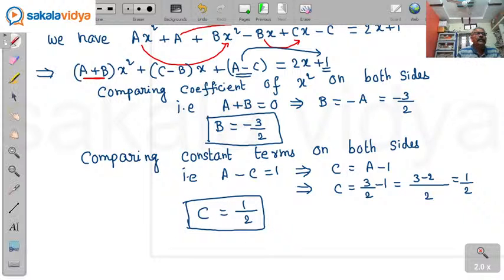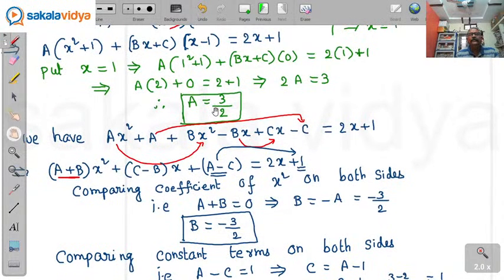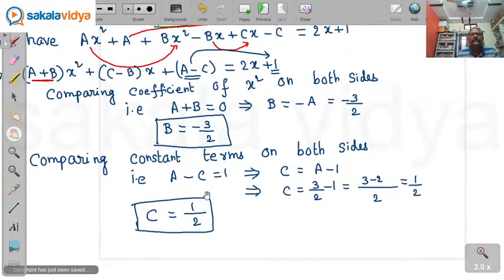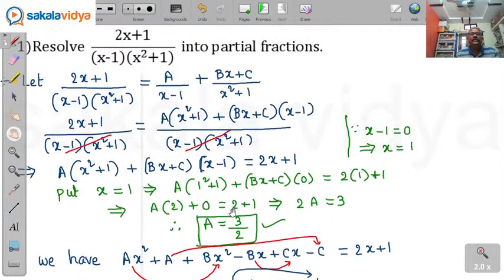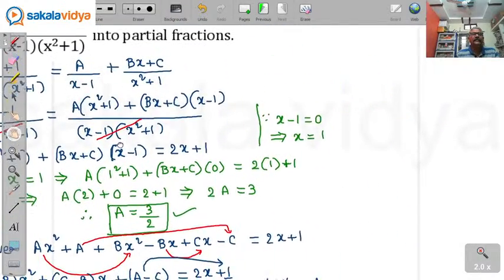This is the a value, this is the b value, this is the c value. These a, b, c we need to substitute here. So the partial fractions we get like this.